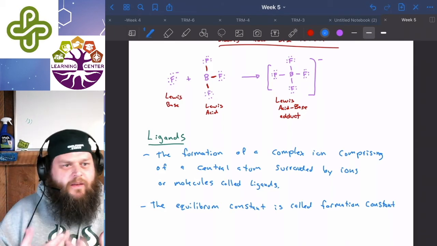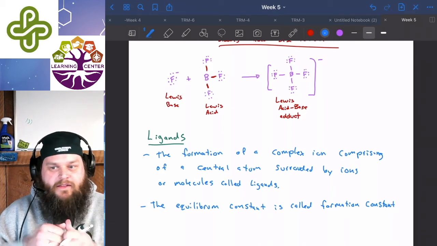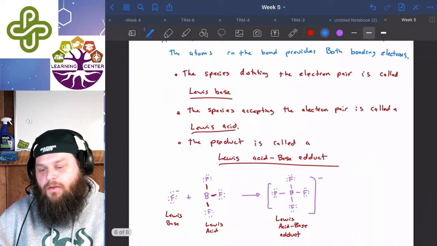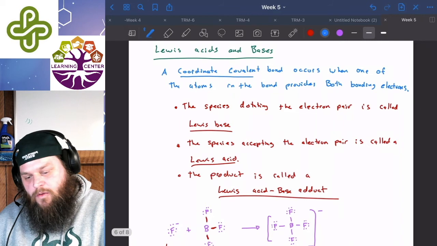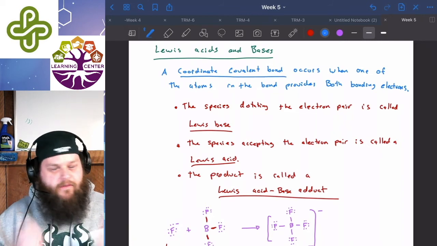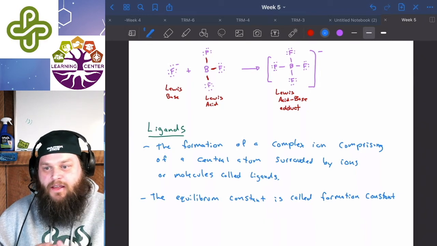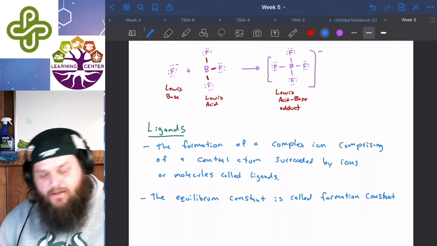There's also an idea when these ligands dissociate from each other again, that covalent bond, or we called it the coordinate covalent bond, breaks from these complexes. There's a dissociation constant for that as well.